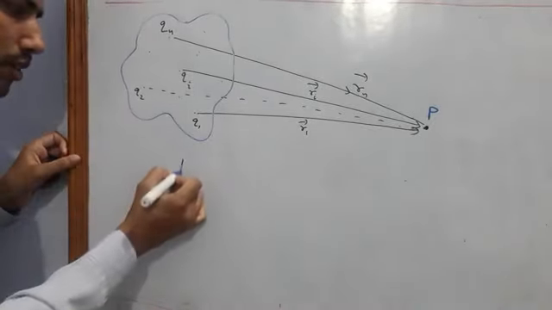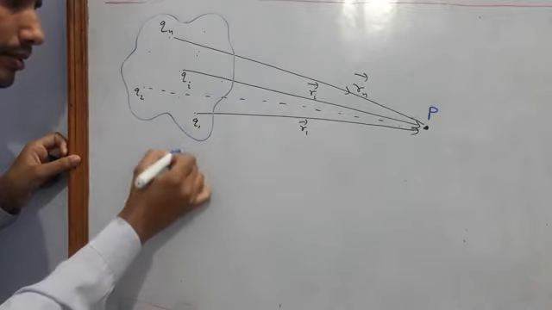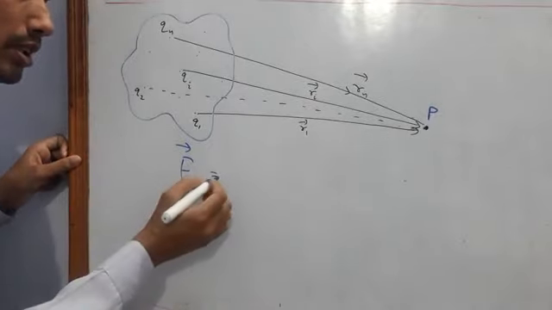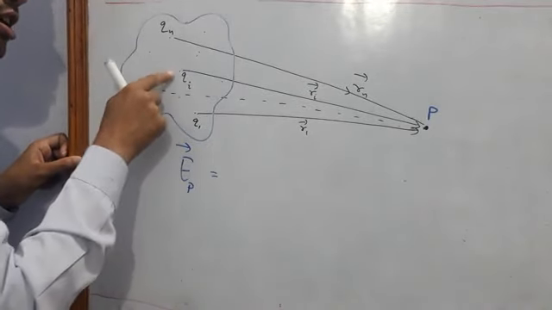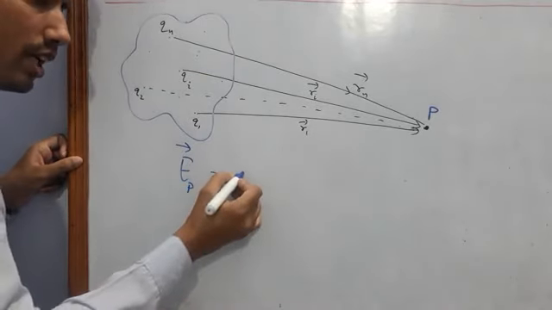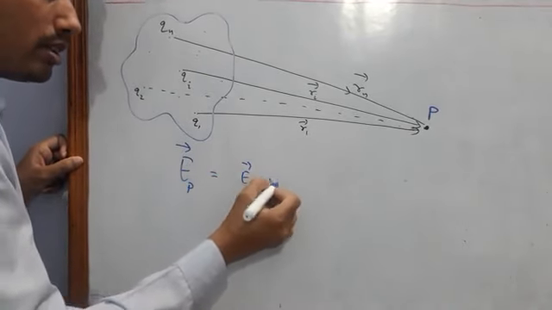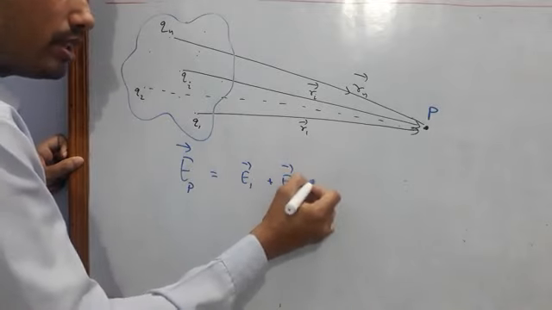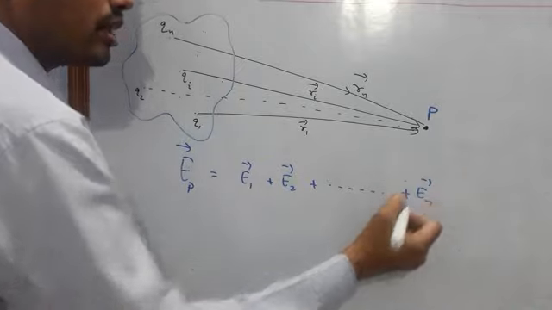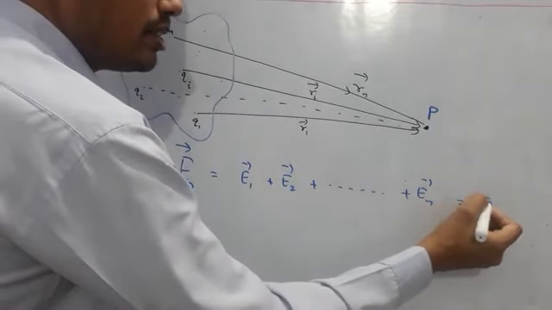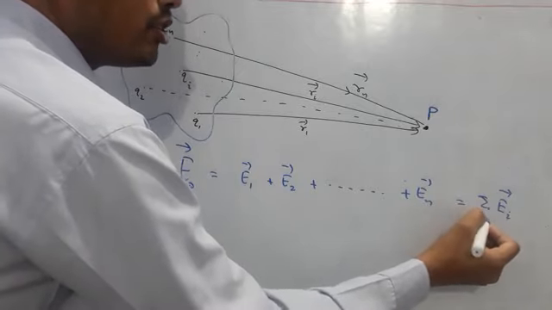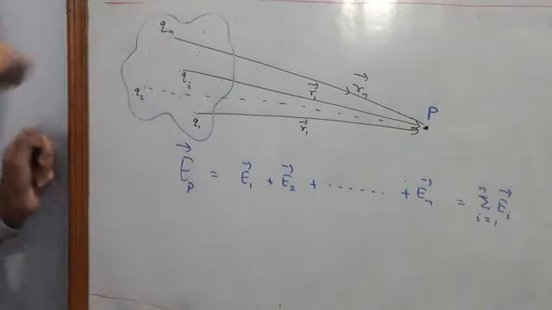So the net electric field at point P will be given from the principle of superposition. Just find the electric field due to individual charges and add them using vector laws. So I'll write it as E1 vector plus E2 vector plus E3 vector and so on plus En vector, which I can write as summation Ei vector, where i runs from 1 to n.